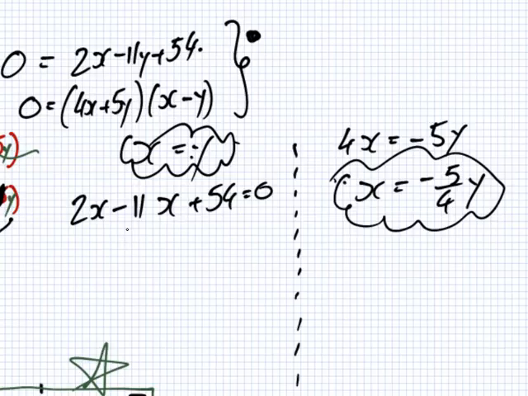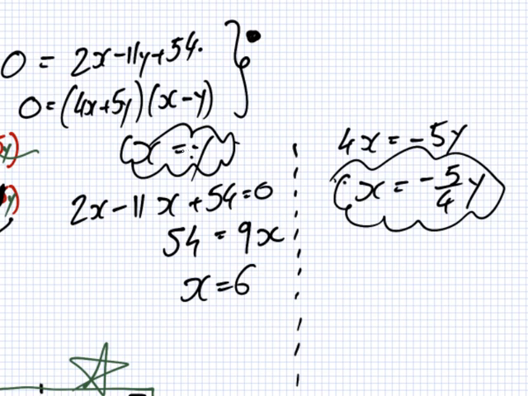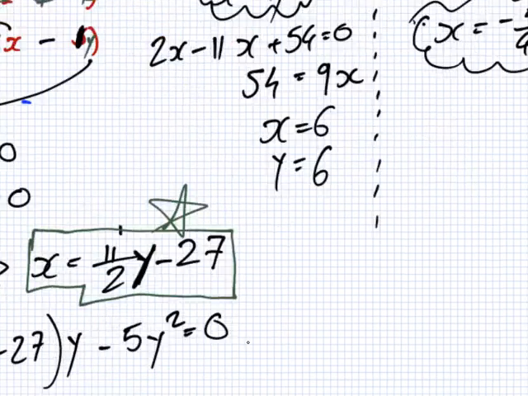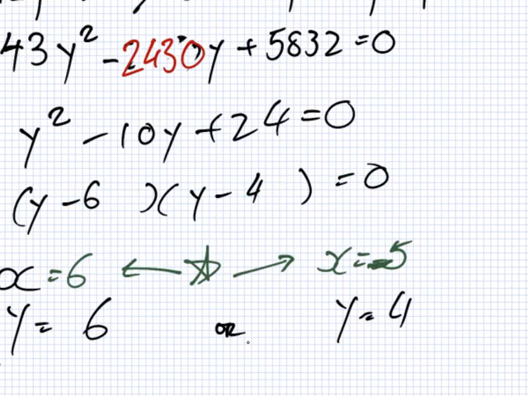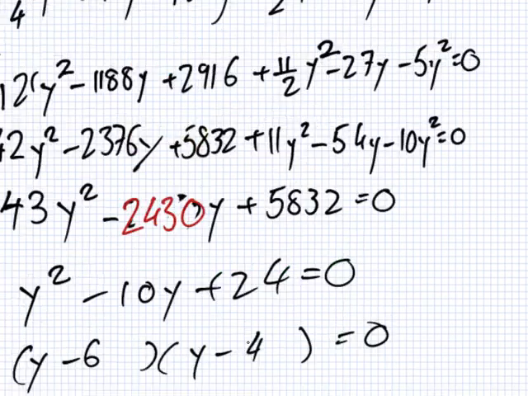That will be 54 equals 9x. So x equals 6. Now is that what I got earlier? Yeah, and then if x is equal to y, what's y? 6. Which is the same. 6 was the first answer. So obviously this method works. The second answer will end up being minus 5 and 4.